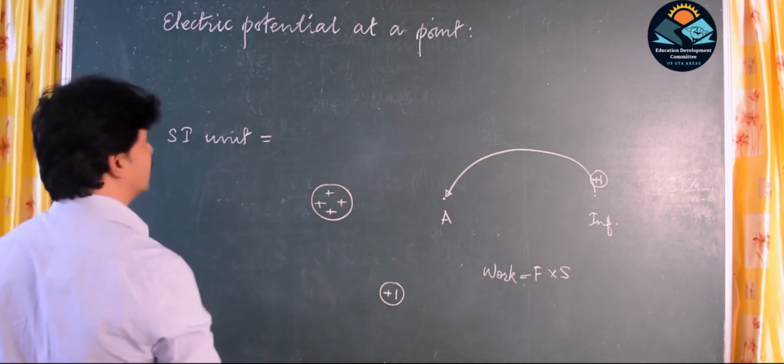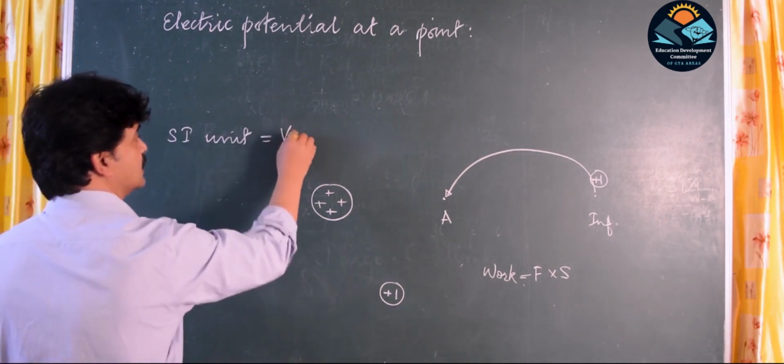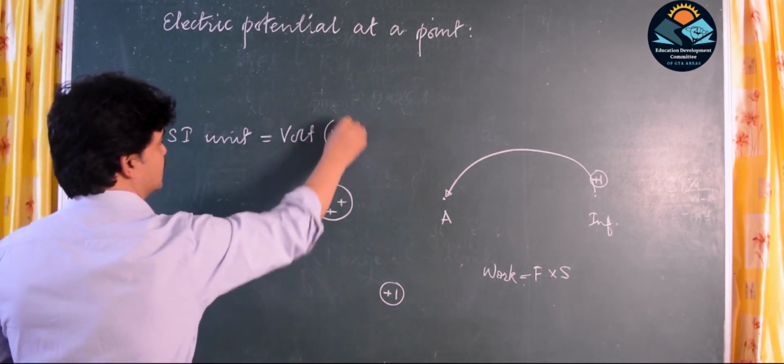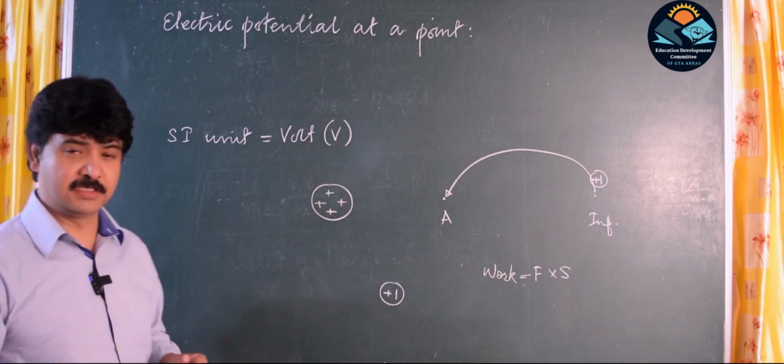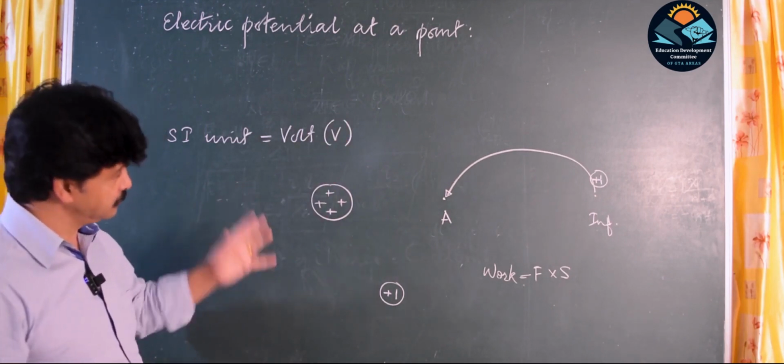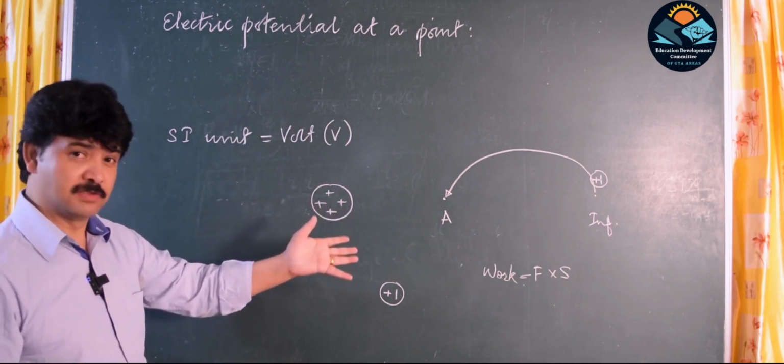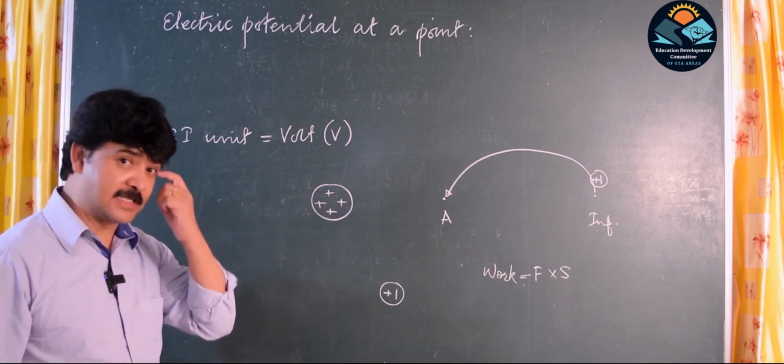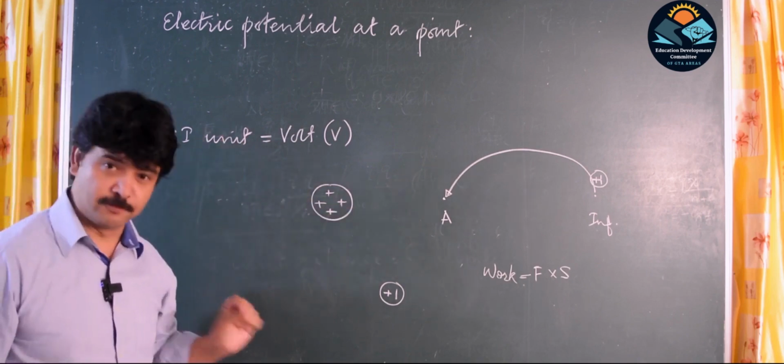The SI unit of electric potential at a point is volt, and it is denoted by V.